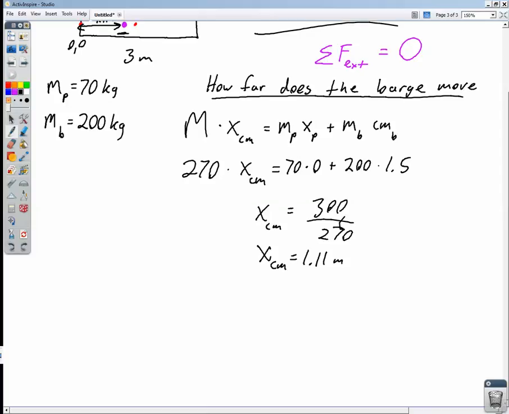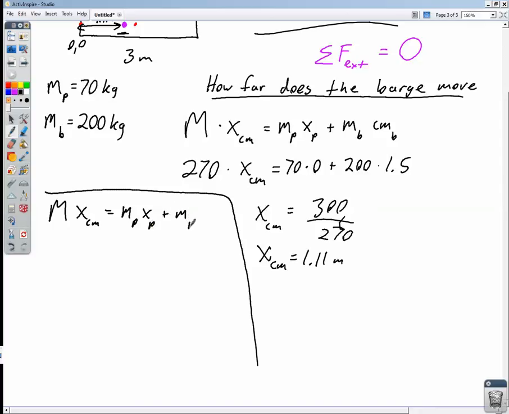All right? So now let's talk about after the person moves. We again know that the total mass of the system times the center of mass of the system is equal to the mass of the person times their position plus the mass of the barge times its center of mass. So here we know x_CM, it's 1.11. Total mass of the system is still 270.